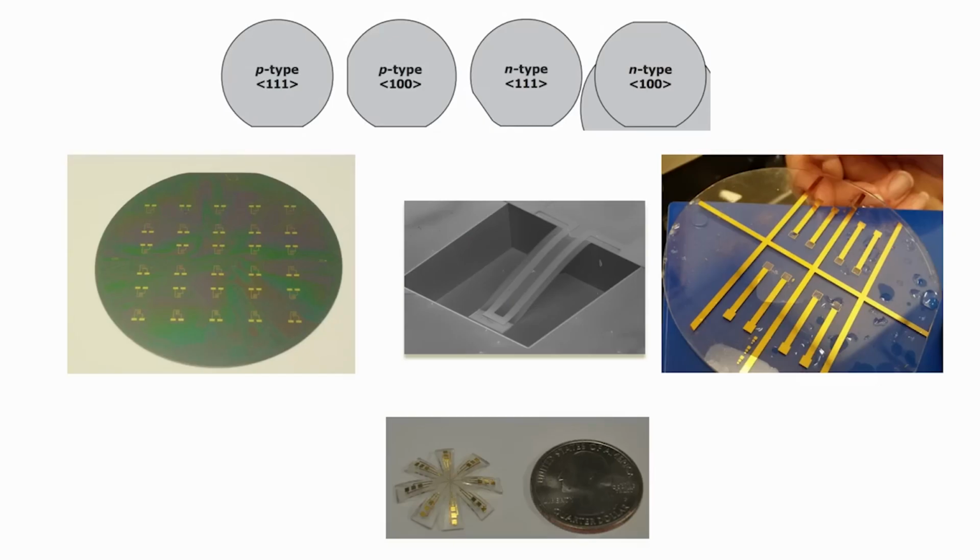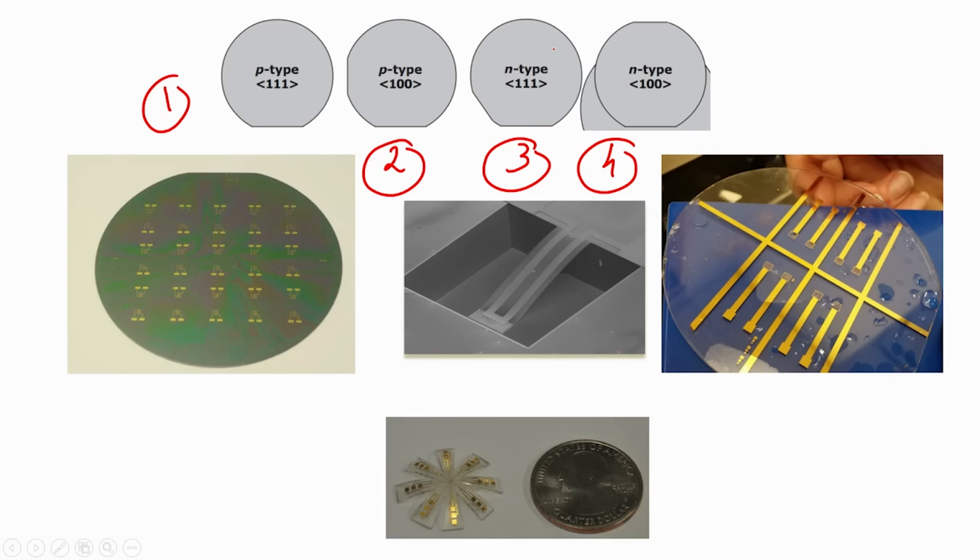So, when you see the screen, what are you able to see? These wafers, say 1, 2, 3, 4. I see a p type and an n type. So basically two types, p type and n type.